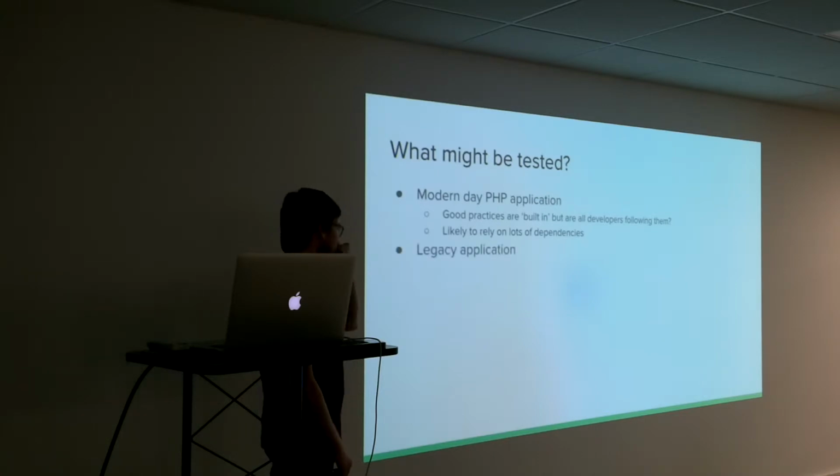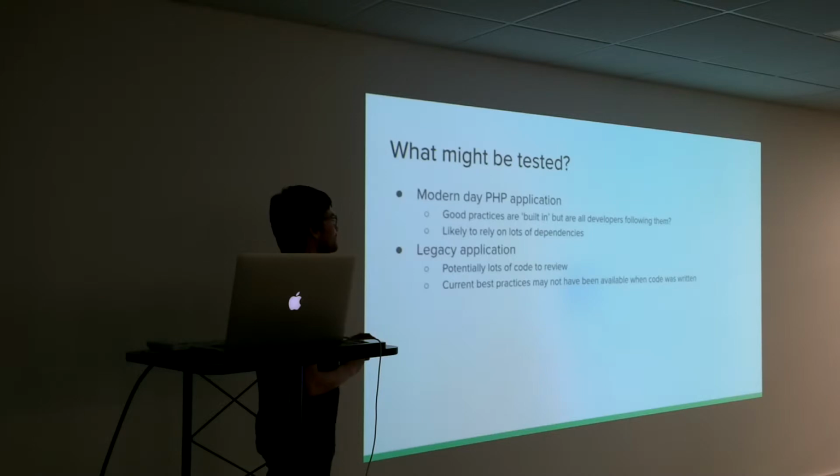If you have a legacy application, it might be more important to look through large amounts of code to check whether bad practices have been followed or any known vulnerabilities occur in the code. And if you have architecture as code, you might also want to scan that and look for any known issues in your server configuration if that's coupled to your code.